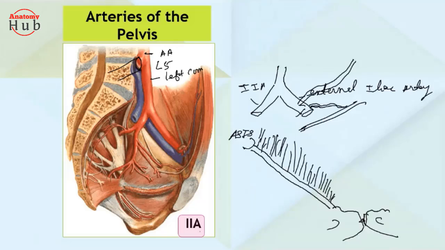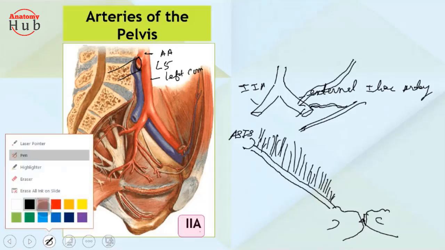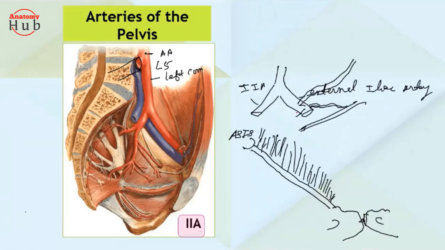So at this inguinal ligament, what will happen? The artery, which artery? The external iliac artery. Suppose this is your external iliac artery and this is your internal iliac artery of the other side, right? I am just drawing it this way. So this external iliac artery at this inguinal region is just coming in this way.